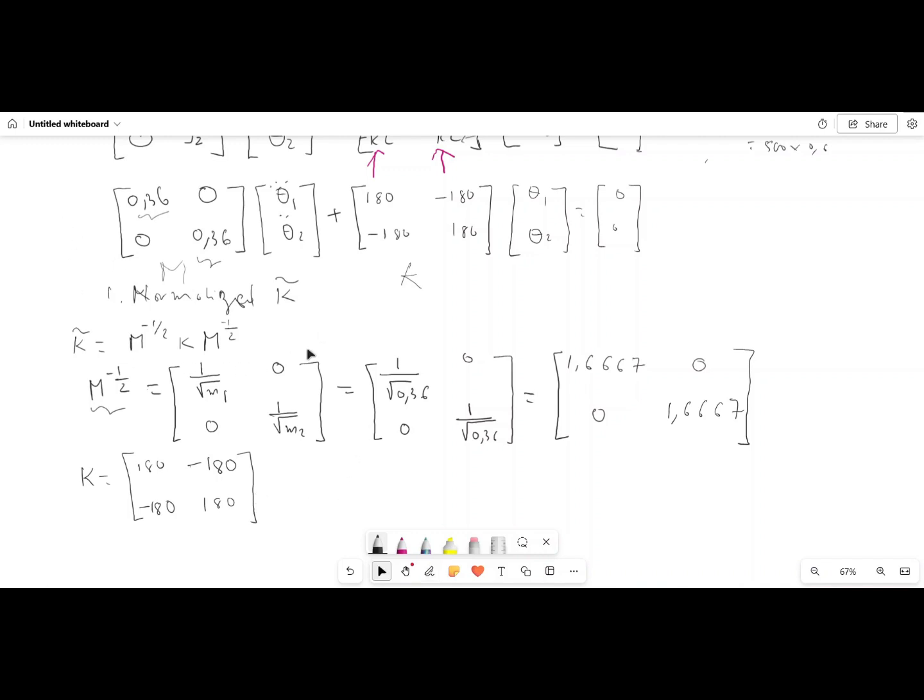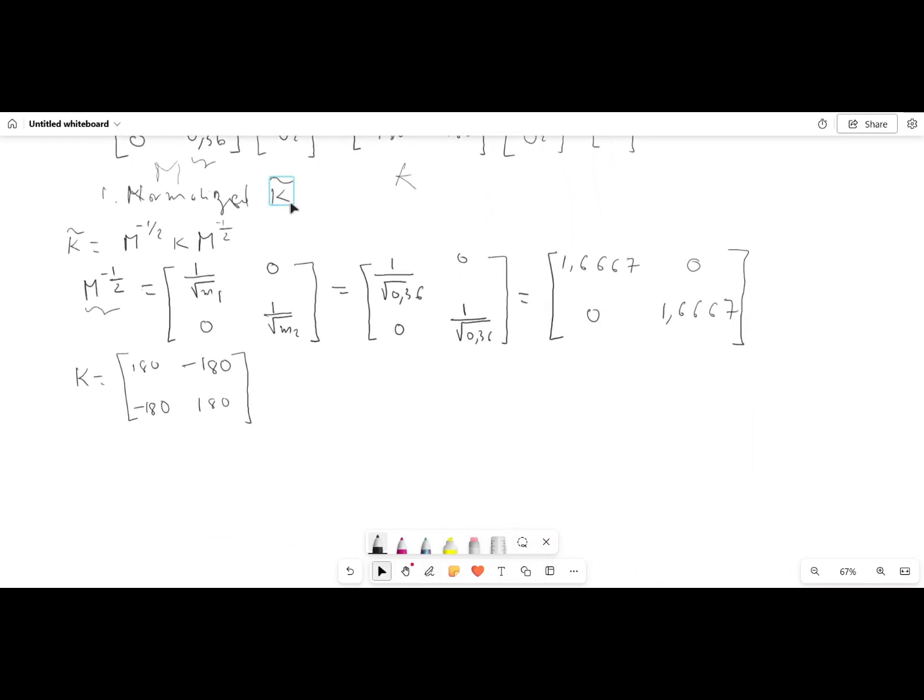So that is K. Now, K multiplied by M to the minus half: you are doing the matrix multiplication of K with 1.6667, 0, 0, 1.6667.